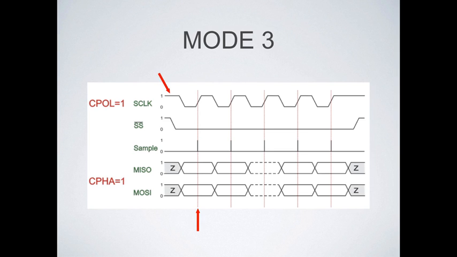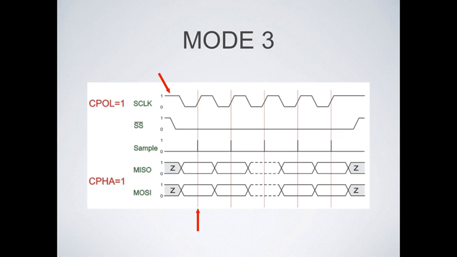And then I hardly ever see mode 3, but this is an example of mode 3, where the clock polarity is inactive when it's high. Clock polarity is 1 and phase is 1. What that means is that the clock is inactive when it's high and it's active when it's low.